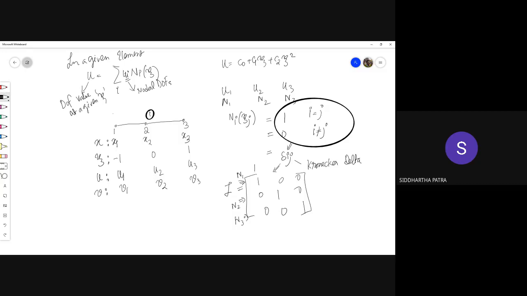Value of that at the first, second, and third node is likewise. So n1, 1 at node 1, 0 in the other two. n2 is 0 over here. At second node it is 1, and in the third node it is 0. And similarly, you have the expression for n3. So Kronecker delta forms the identity matrix, and the value of the shape function is essentially Kronecker delta.